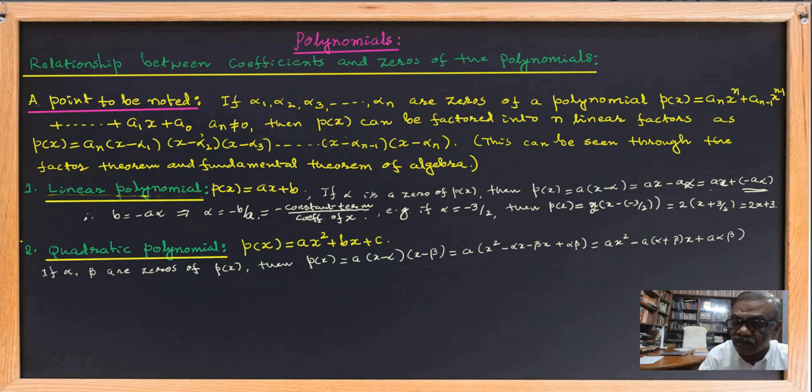Comparing the coefficients of x^2, x and the constant term, we get that minus a(alpha + beta) is equal to b, and a alpha beta is equal to c.